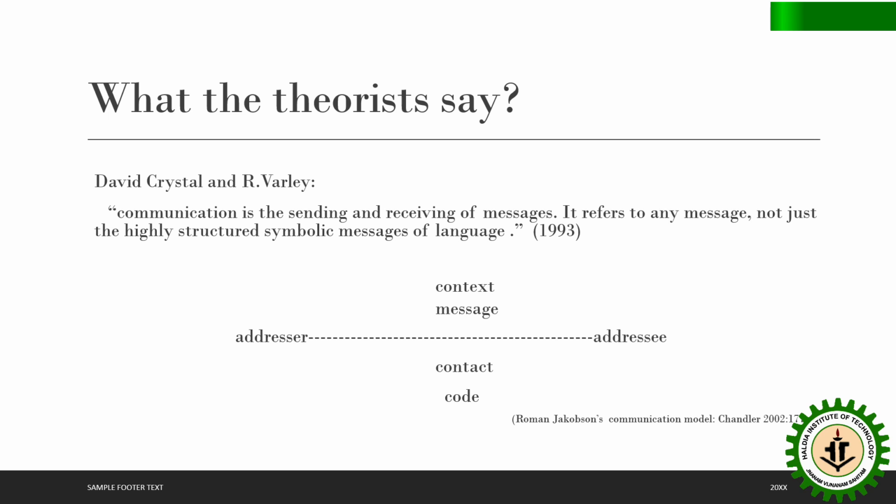Now, for example, if I have to express my sadness at the sudden demise of a very close friend's parent, then will I say, oh, wonderful, so you have lost your father.